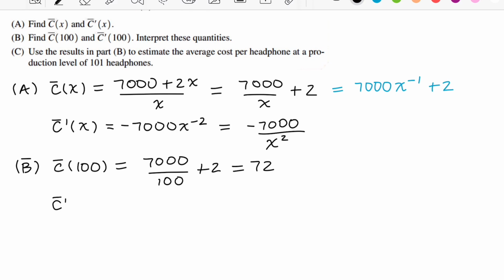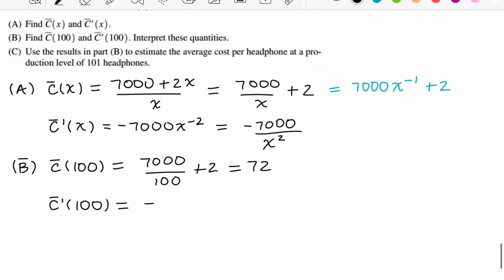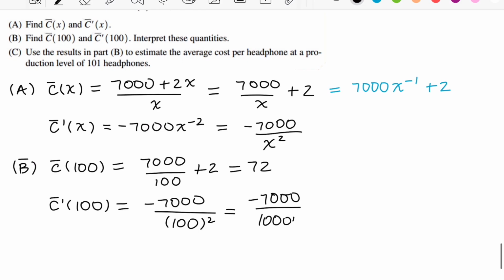Then doing the same thing for our marginal average cost, we get negative 7,000 divided by 10,000. So that's equal to negative 0.7.